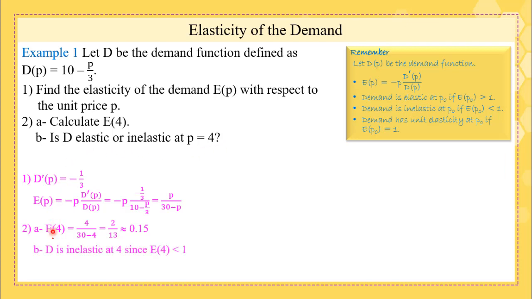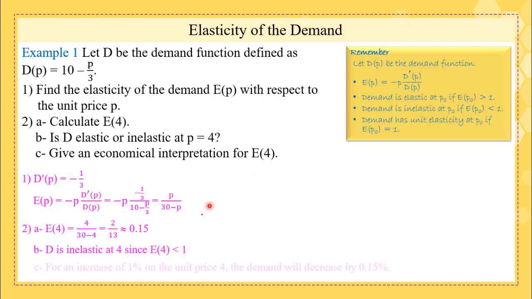D is inelastic, since the obtained value E of 4, which is equal to 0.15, is less than 1. The last part is: give an economical interpretation for E of 4. Interpretation: for an increase of 1% on the unit price P0 equal 4, the demand will decrease by the absolute value of E of P0 percent, which is 0.15%.